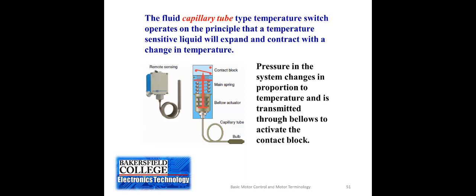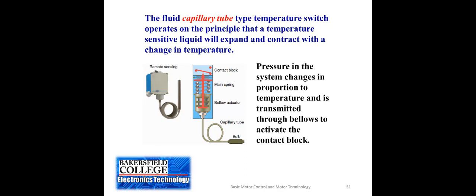So inside the capillary tube is some type of liquid that will expand significantly when heat is applied to it. In the old days, we would use mercury, but because mercury is a toxic substance, they have switched to other chemicals.